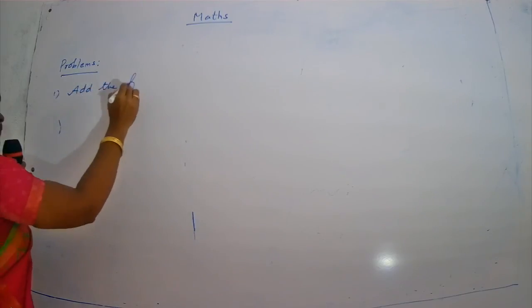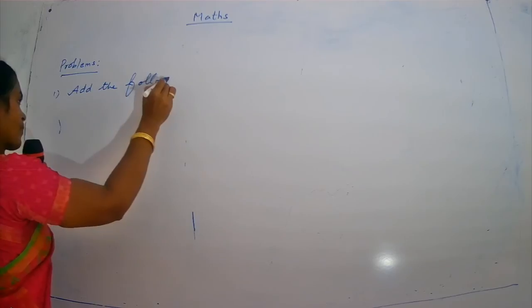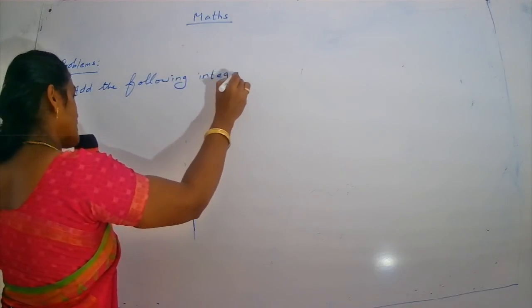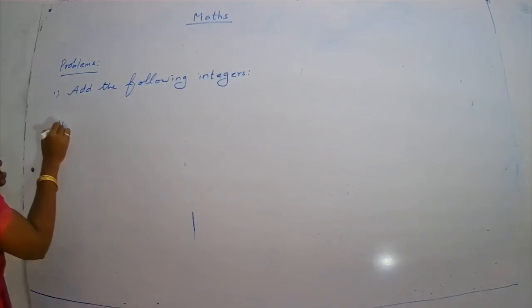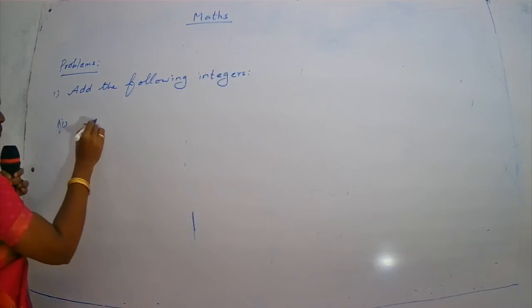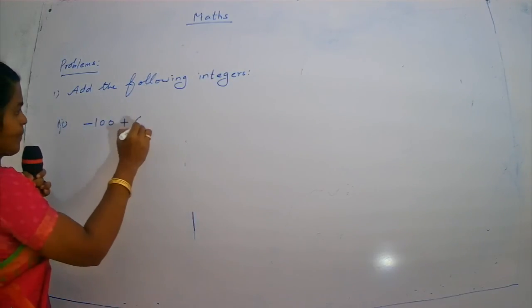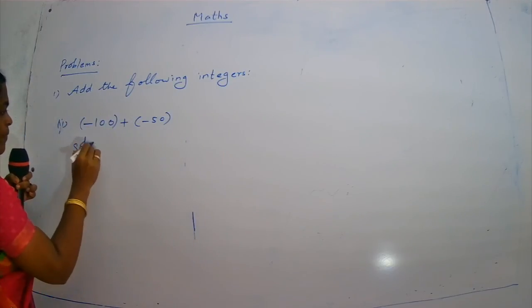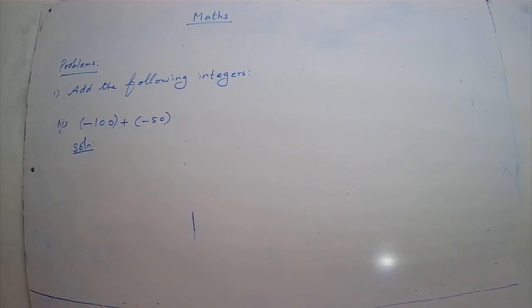Add the following integers. Okay. The first question is, okay, all of you listen. Listen children. Addition of integers. It's so easy. So please, keep the two rules in your mind. Now you say the answer.